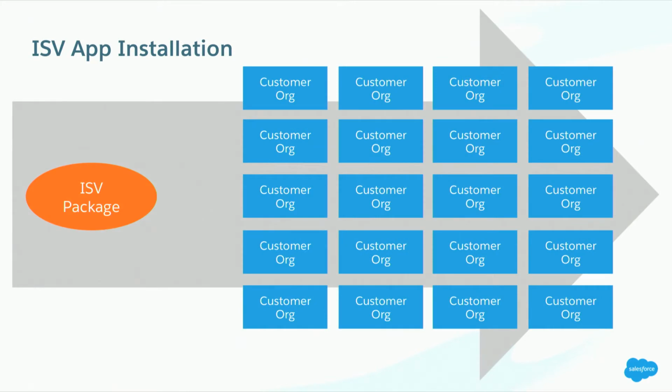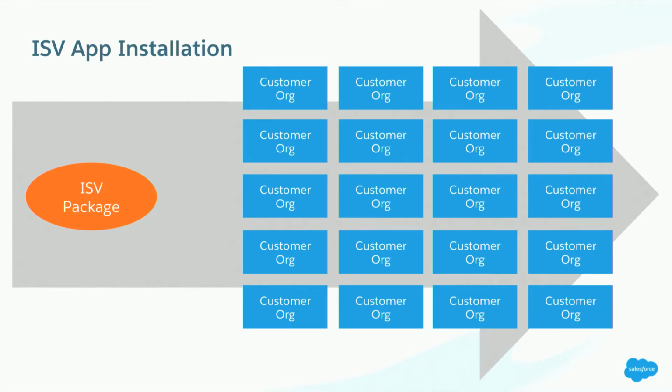If you're an ISV, sometimes you install a package thousands of times. We've seen ISVs simply remove 10,000, 100,000 lines of Apex code. They simplified their cost of support of that app dramatically by just switching to custom metadata types.